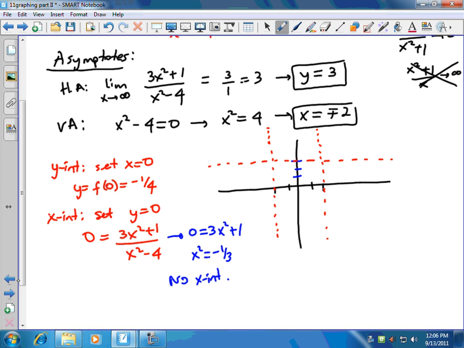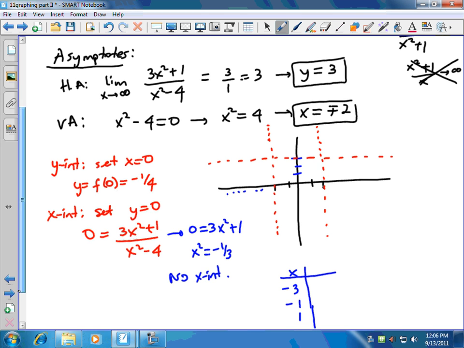And typically we also plot a point from each of the intervals determined. So for instance, in this interval, let me select x equals negative 3. In between the vertical asymptotes, let me select negative 1 and positive 1.